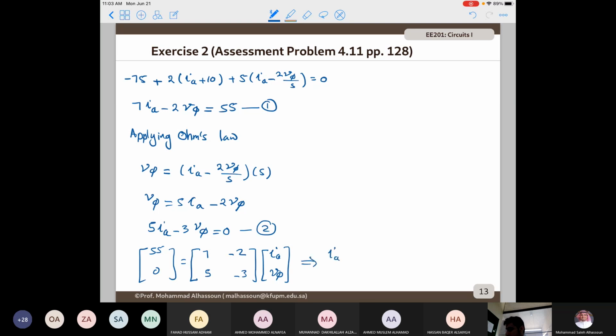If I solve for it, I will get IA equals 15 ampere and VP equals 25 volt. And remember, I was asked to find IA, which is 15 ampere.